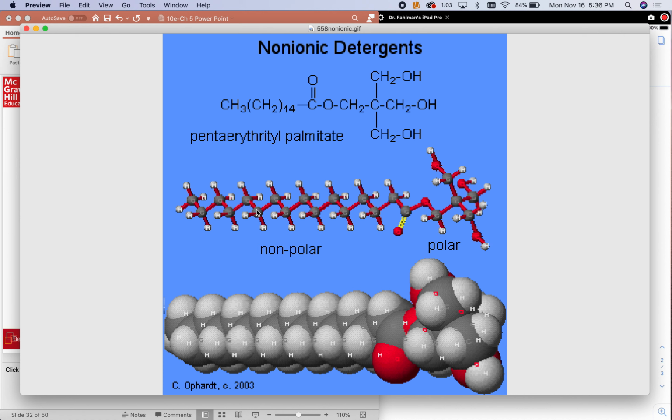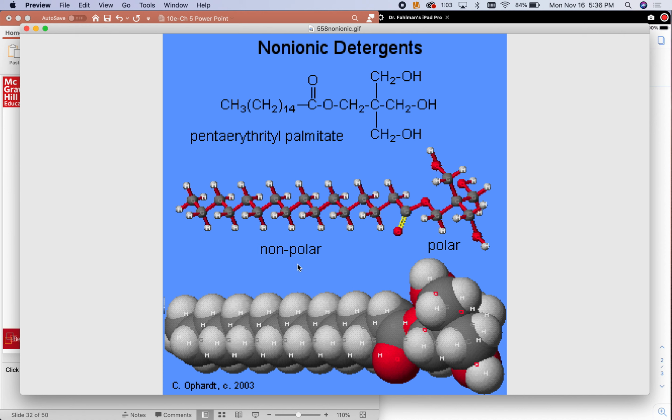And so what happens is that your dirt particle, which is generally organic, so it's going to be oily in nature, is going to be bound to this non-polar part, again, like dissolves like, and then this polar part's going to be attracted to water because water is polar.